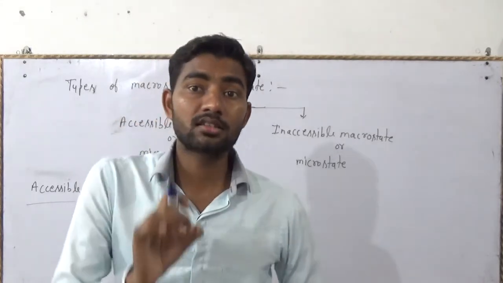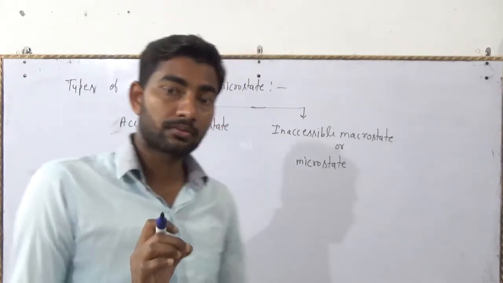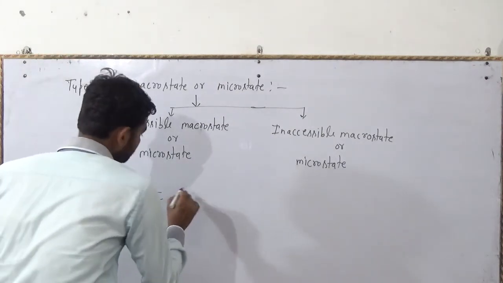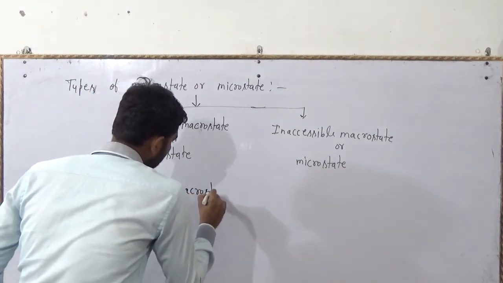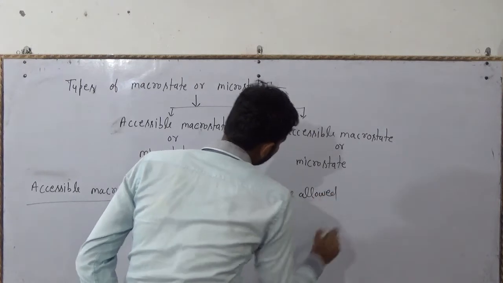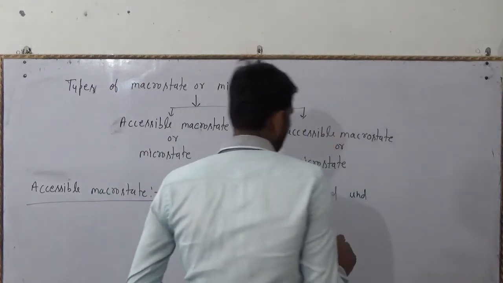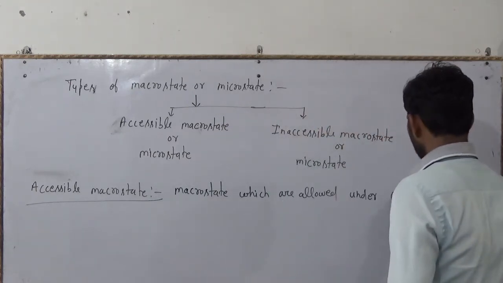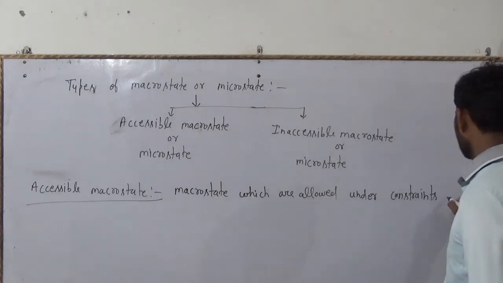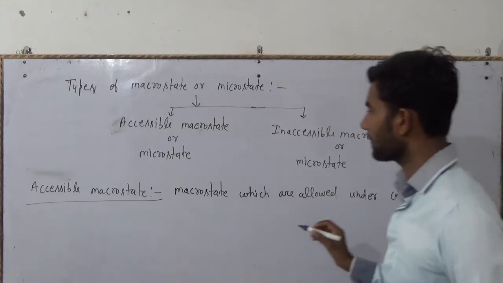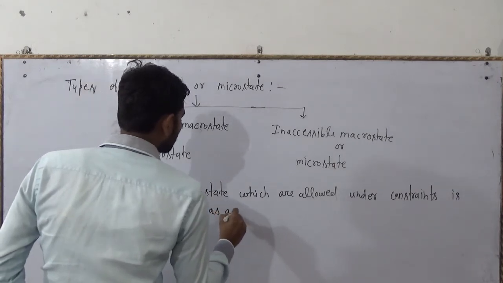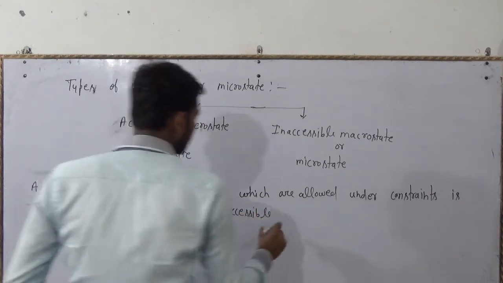Here we will realize this with the help of some examples, but firstly we write the definition: microstates which are allowed under constraints are known as accessible microstates.